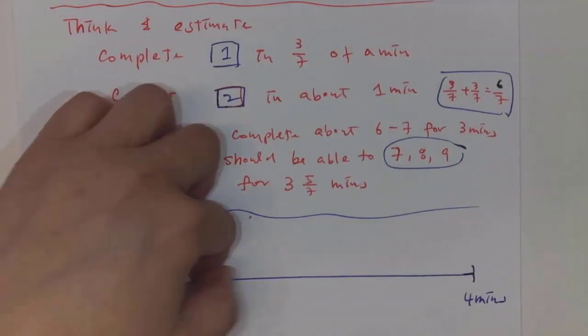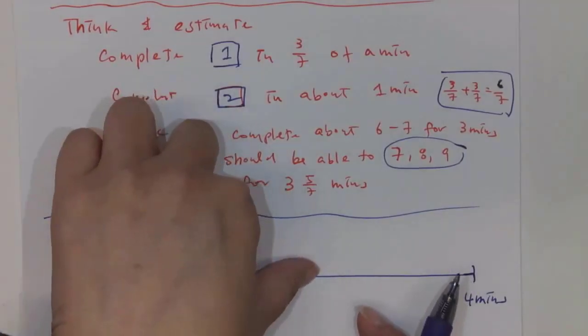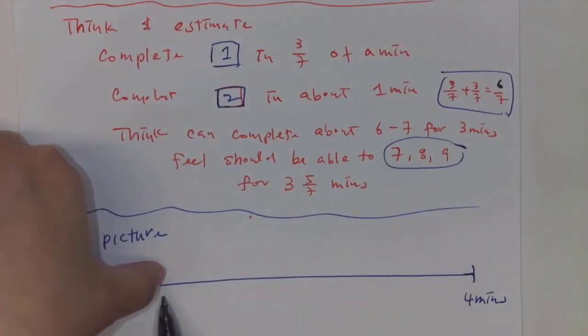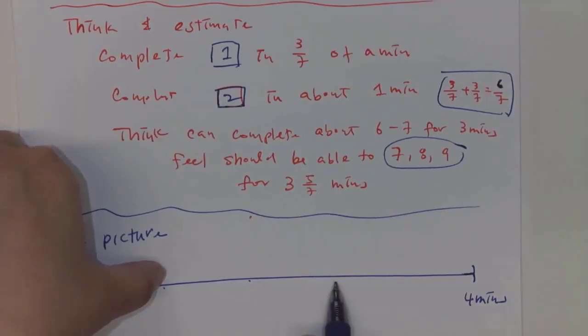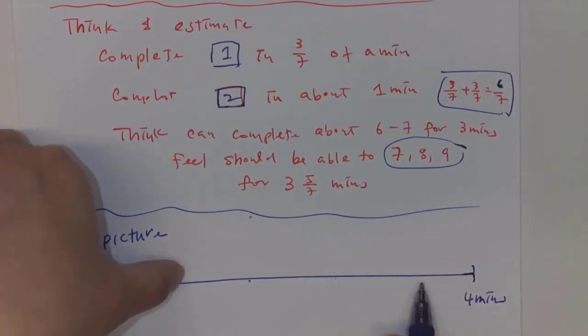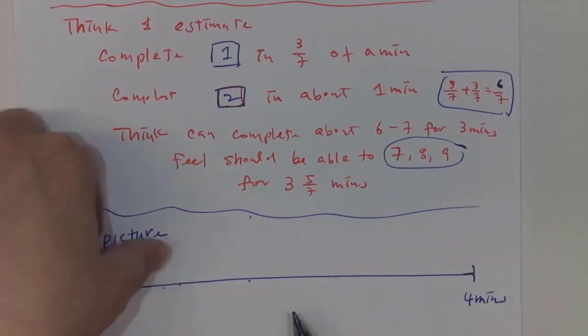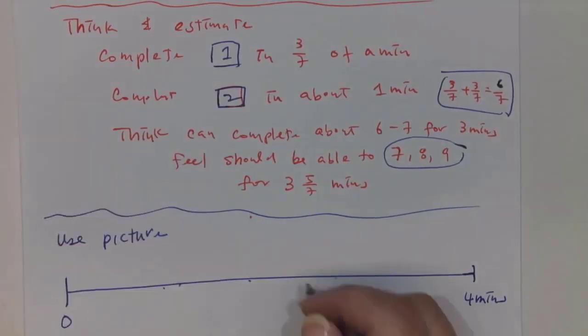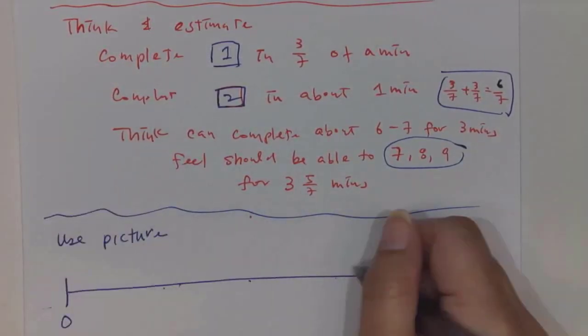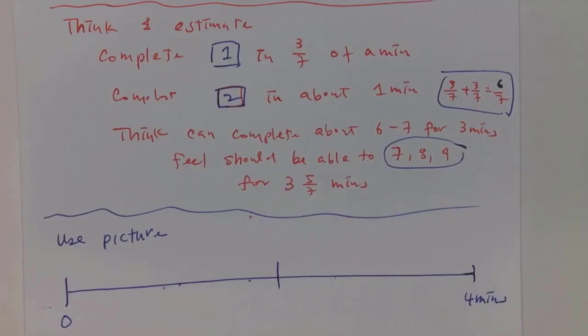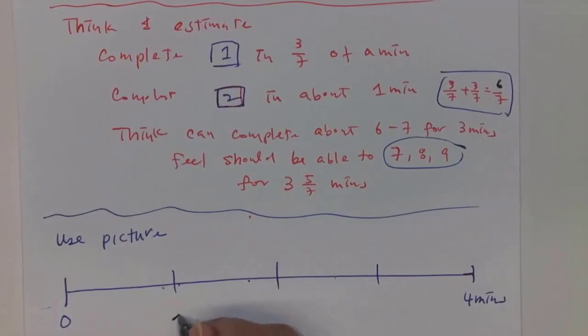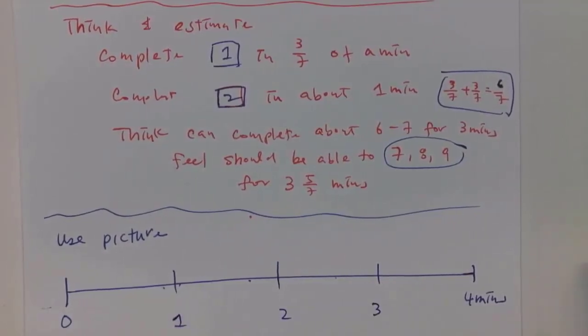1, 2, let's see, it's not going to work. 1, 2, 3. Okay, maybe a little bit bigger. What if you cut it in half? I should cut it in half first. She's right. And then half of a half. That would be a little bit better. So that would be 1, 2, 3, 4, right?